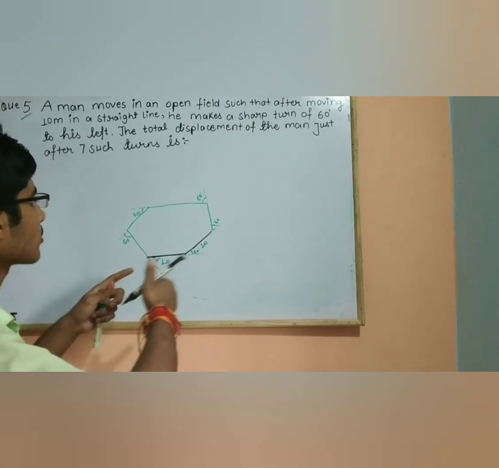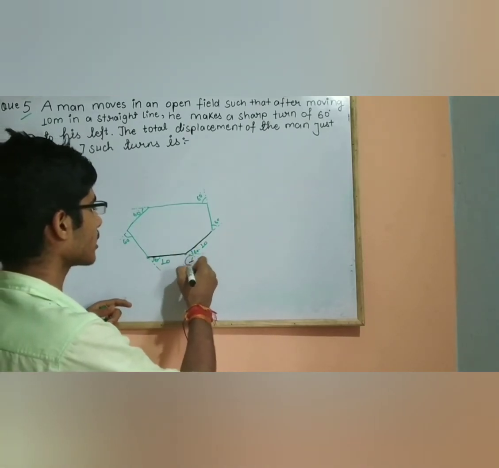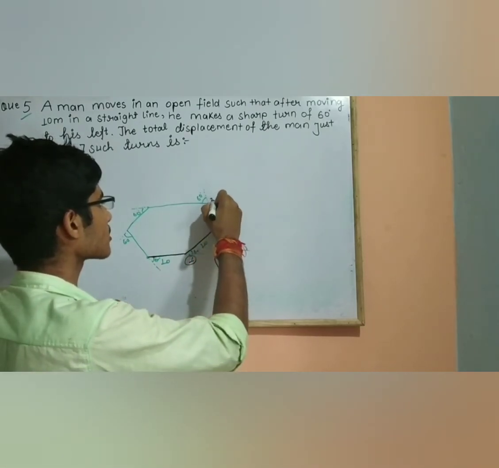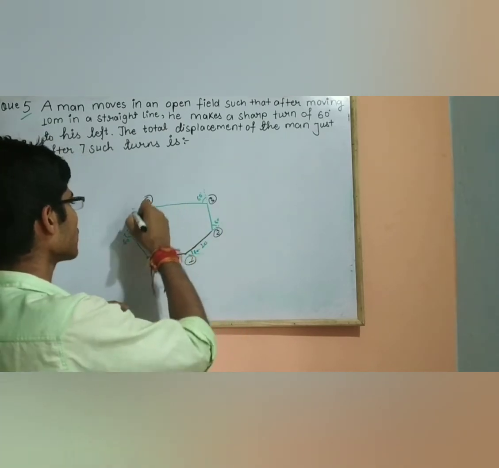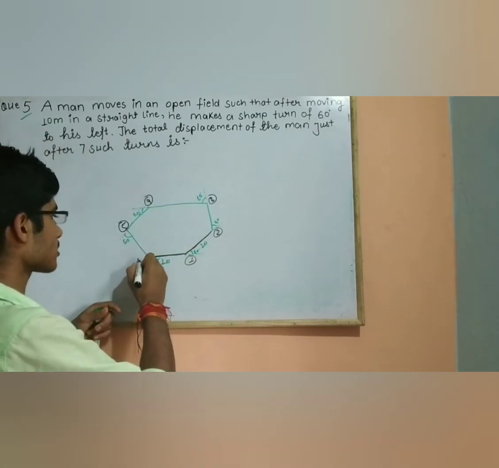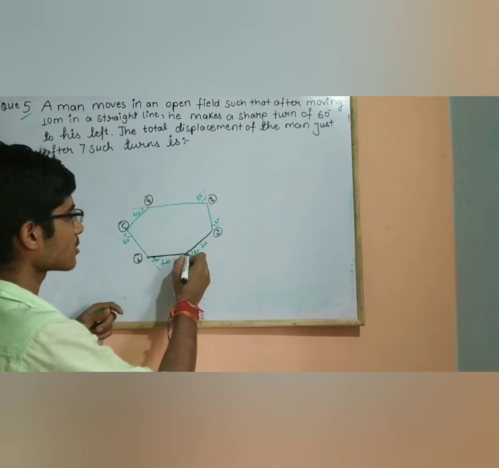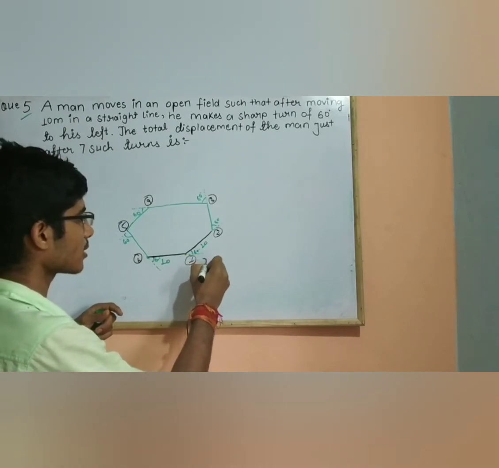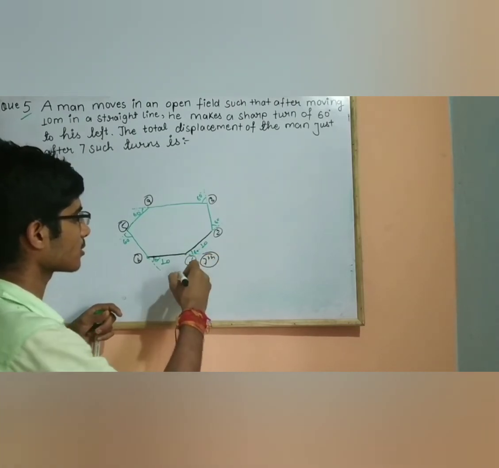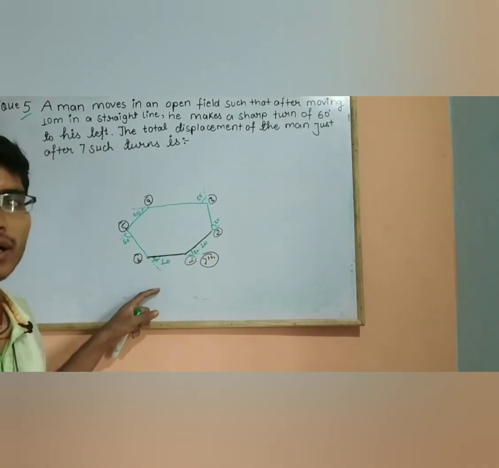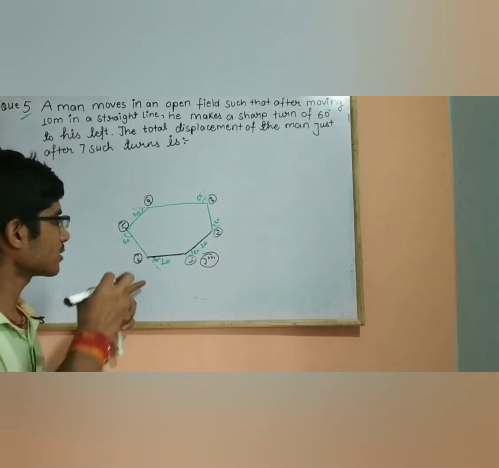So let's count how many turns he takes. This is the first turn, this is the second turn, this is the third turn, this is the fourth turn, this is the fifth turn, this is the sixth turn, and this is the seventh turn.